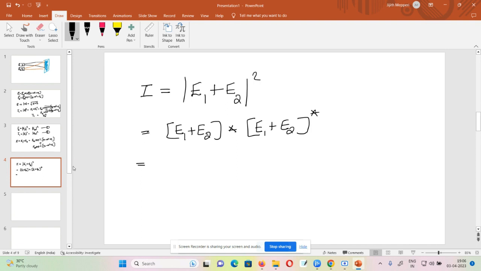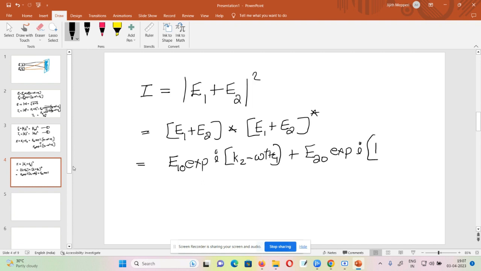Now you can see E1 plus E2 is E10 exponential i into (kz minus omega t plus epsilon 1) plus E20 exponential i into (kz minus omega t plus epsilon 2), into E1 plus E2 star. So it is the conjugate of this one.